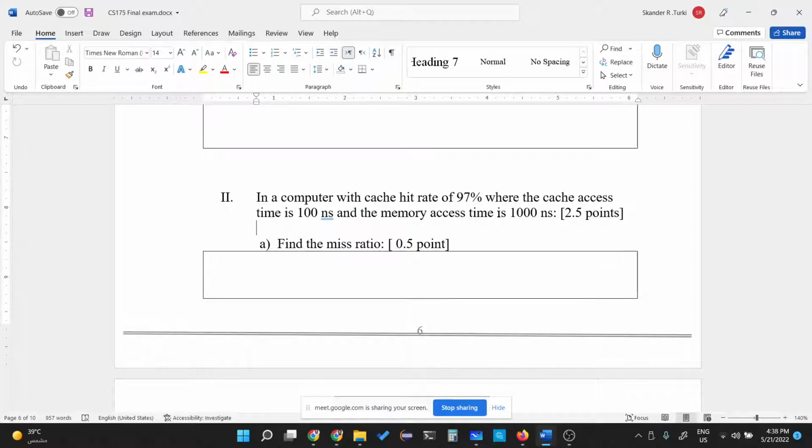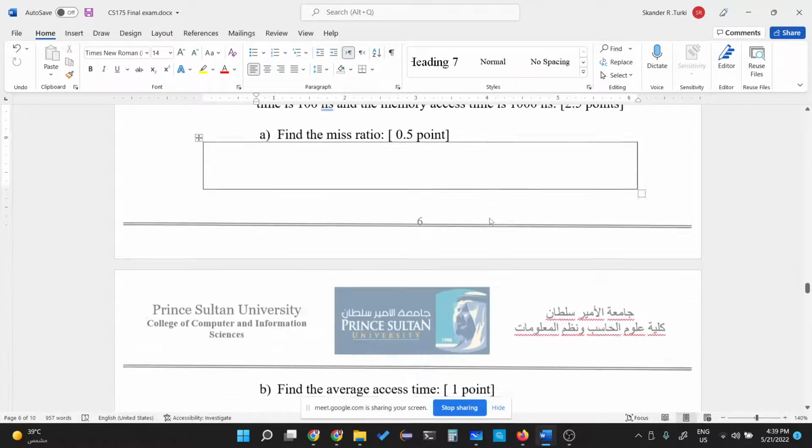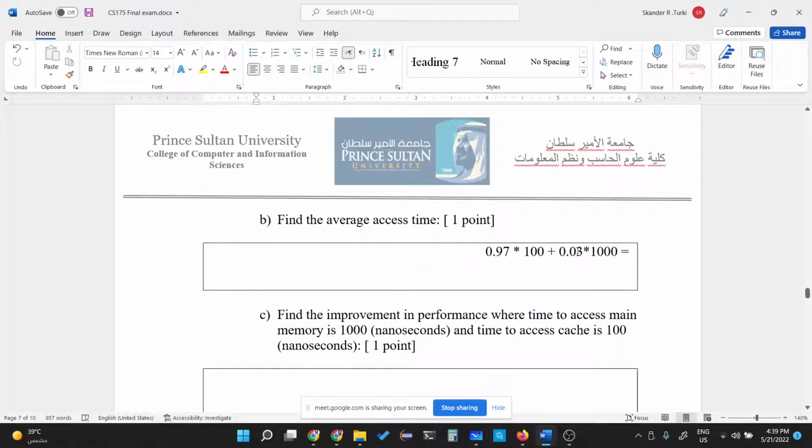We have seen in the lecture two different architectures: one that does this in parallel, and one that has to load the data in cache and then access it from cache. If we had to do that, it would be 1000 plus 100 nanoseconds, so we add the cache time.